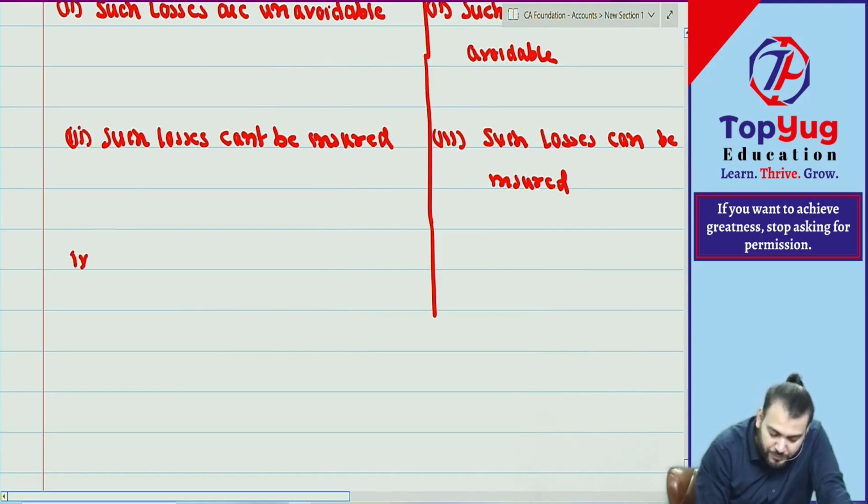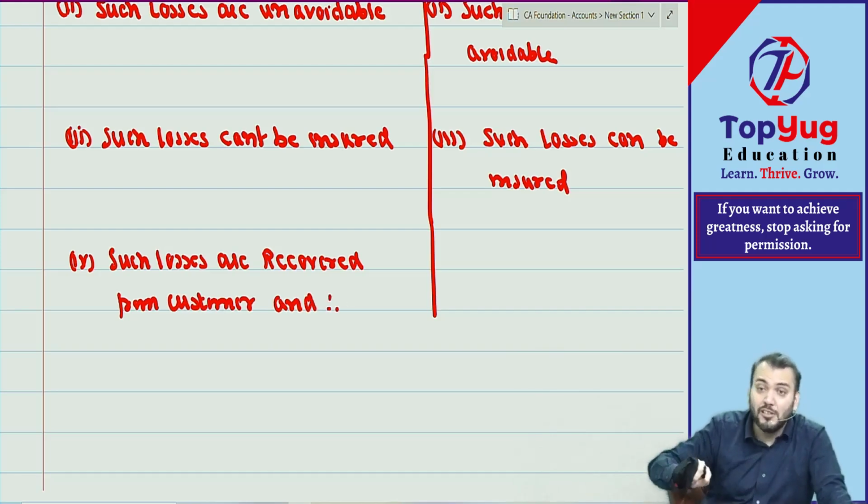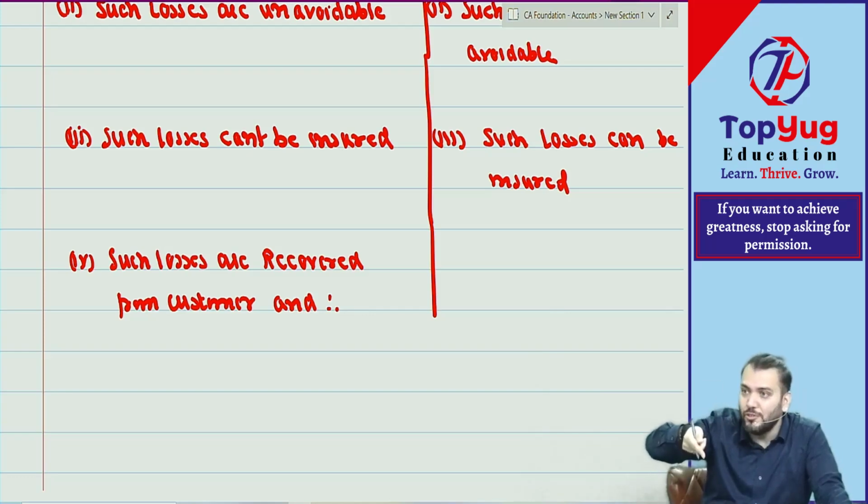Point number 4. Such losses are recovered from customer and therefore will be included in cost of goods sold.